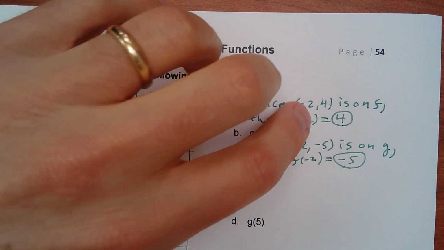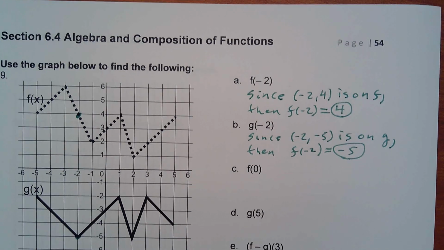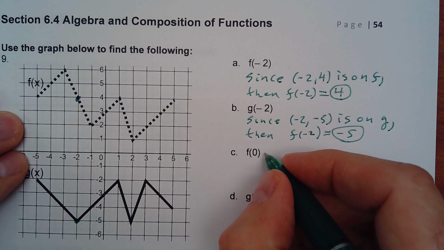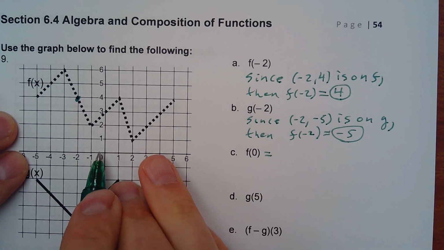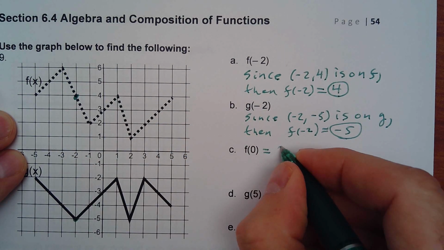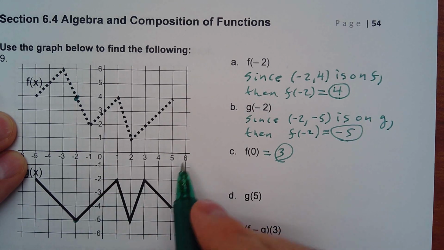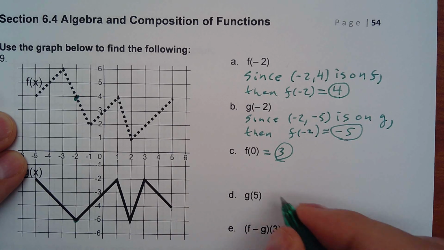It's like I'm given the x value, trying to find the y value. So let's look at f of 0. Well, that's going to be 3. G of 5 is negative 4.